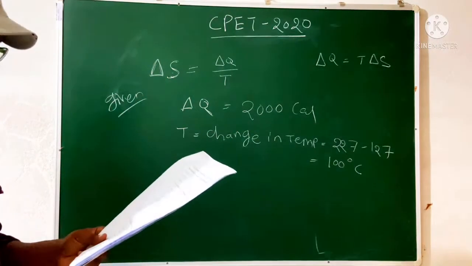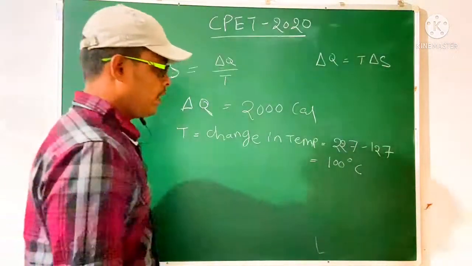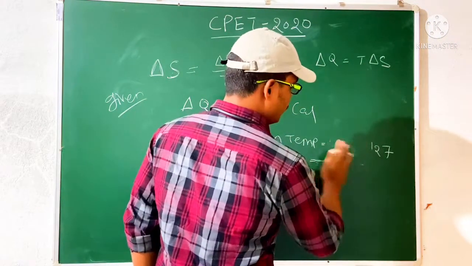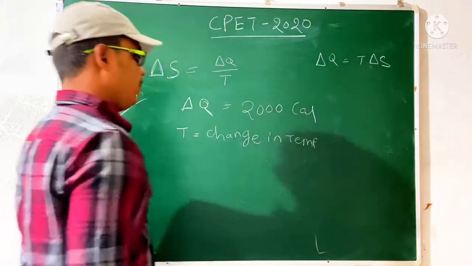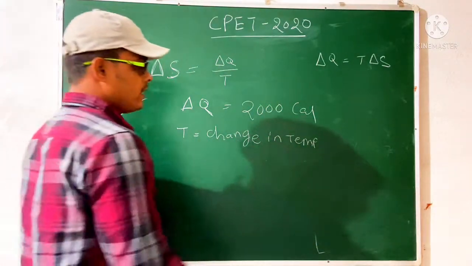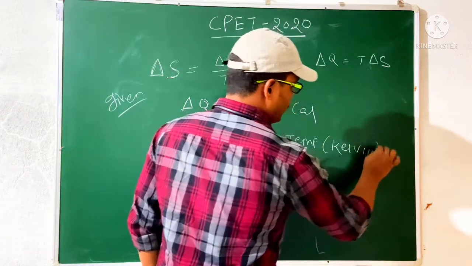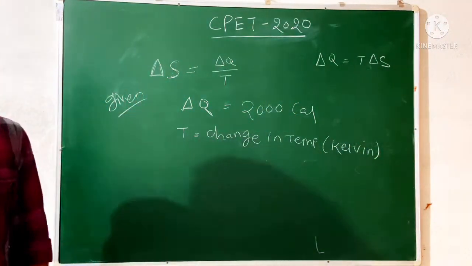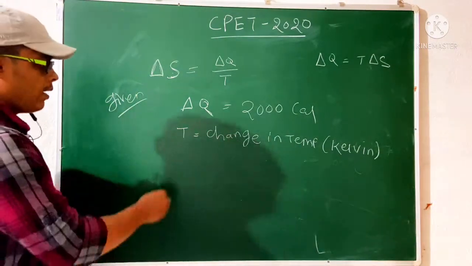But we have to change it to Kelvin. Remember there is a mistake people make: this change in temperature must be in Kelvin. In thermodynamics we use Kelvin, because the SI unit of temperature is Kelvin. So we have to convert.